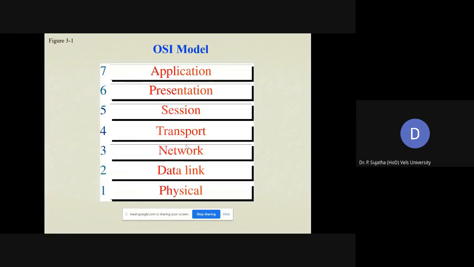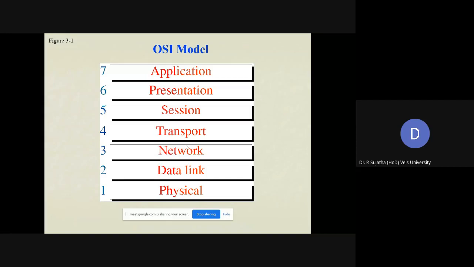Physical layer transmits the information to the data link layer. Am I right? So the data link layer receives the information from the physical layer and transmits to the network layer. So the data link layer is communicating with the physical layer as well as the network layer. So who are the peer layers to the data link layer? Physical and network are the peers for the data link layer.